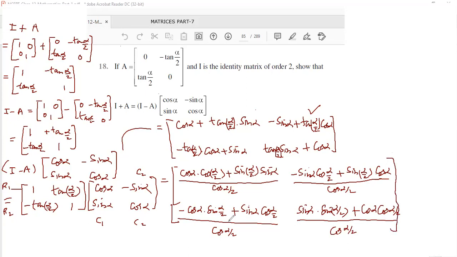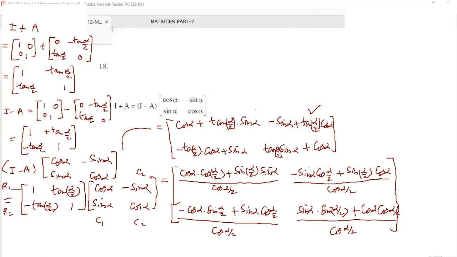You can take common 1 by cos alpha by 2. Okay. Then, after this is the formula: cos A cos B plus sin A sin B is equal to cos(A minus B).